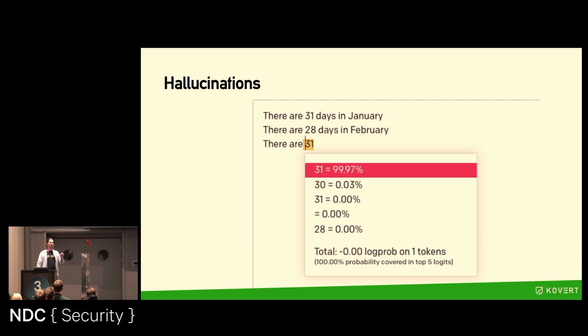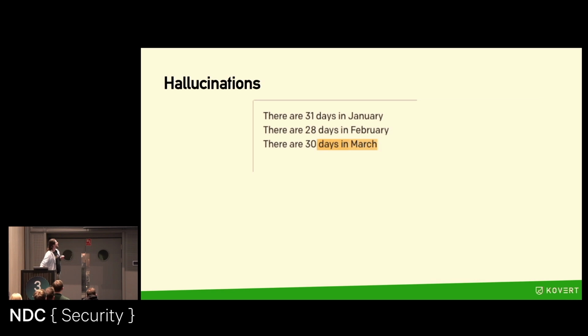And what happens if it happens to say 30 instead of 31? Well, it says there are 30 days in March, and that isn't right. This can happen naturally if your temperature is above 0. So hallucinations can happen just because it randomly happened to pick the wrong token from its generation probabilities.